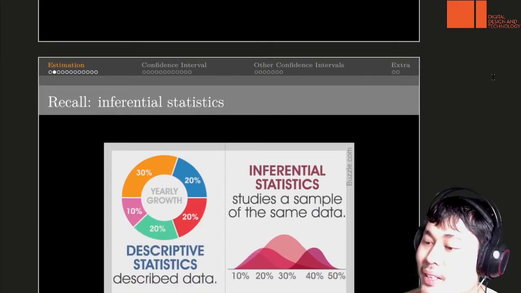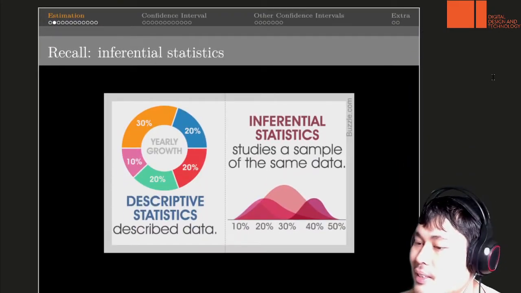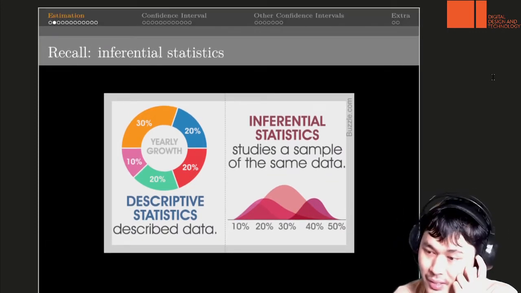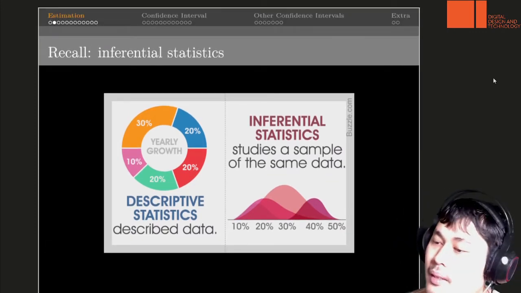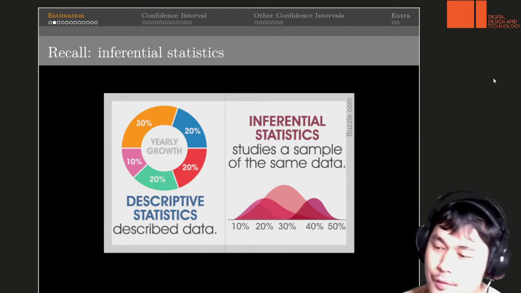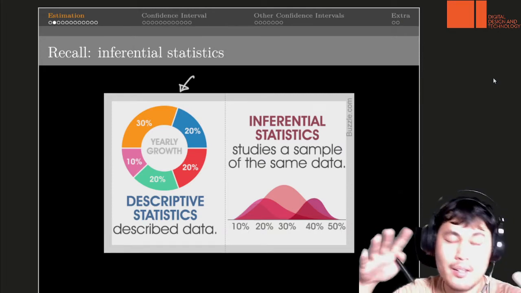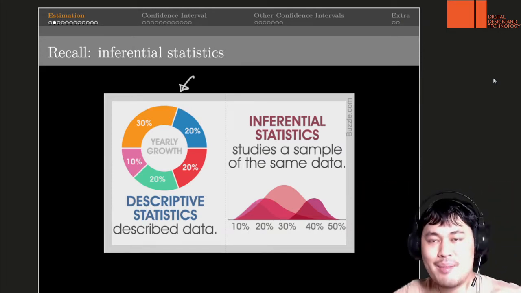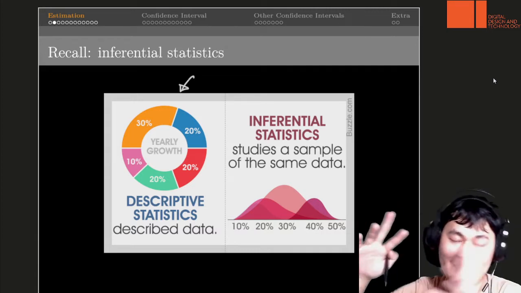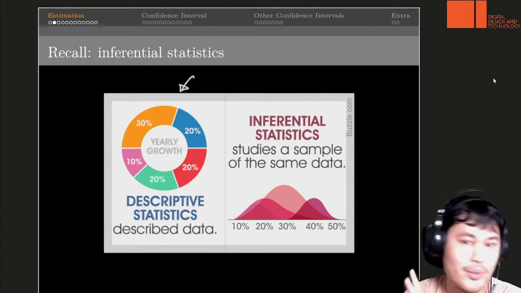And so, we go back a step. I think this is the third time we see this image, that there are two branches of statistics. First, the descriptive statistics, like given a set of data or a spreadsheet, a big table, how can you make it look nice or more readable?